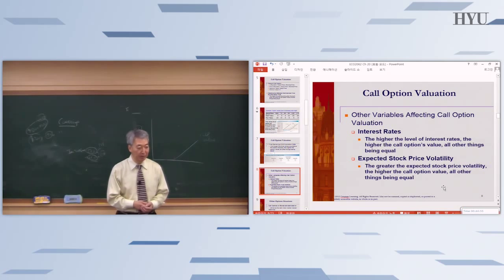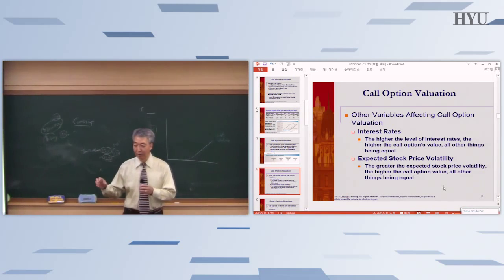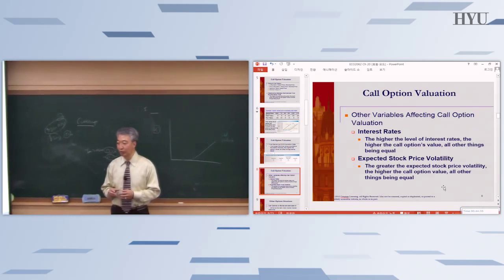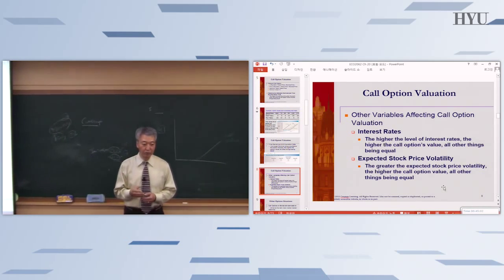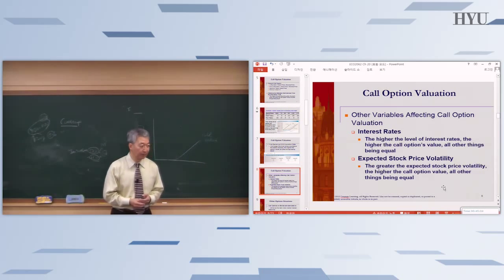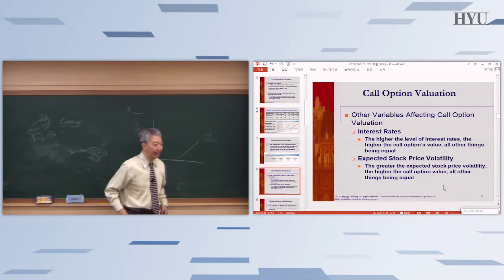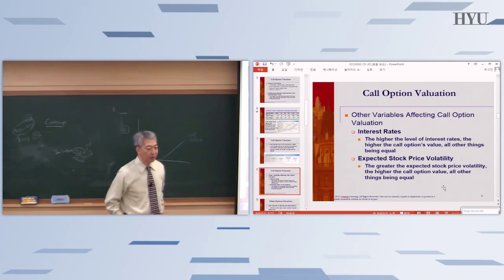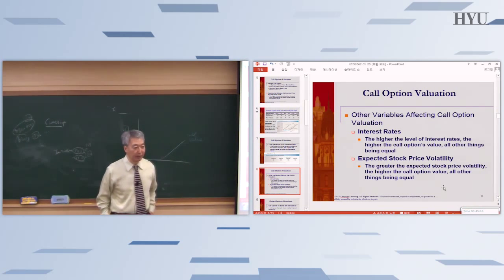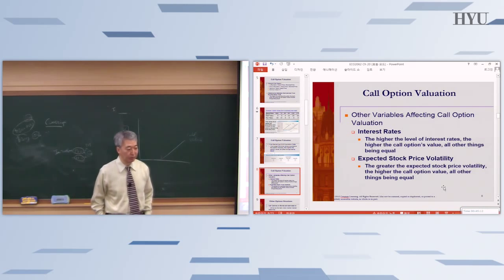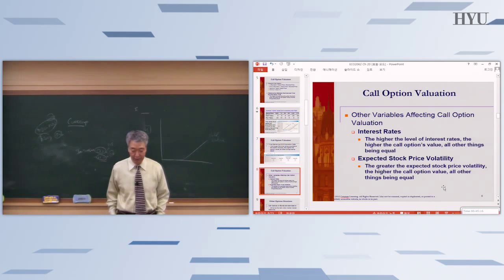But it matters. I mean, if you compare two situations, one with a high interest rate and one with a low interest rate, right? Then if the interest rate is really high, of course, there is a greater benefit, a greater reason to purchase an option rather than paying the full price of the stock right now. Okay? Do you understand what I'm saying?